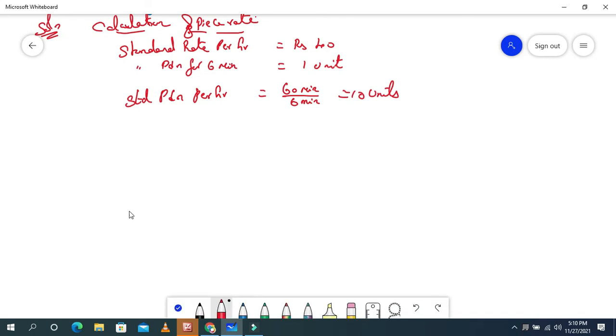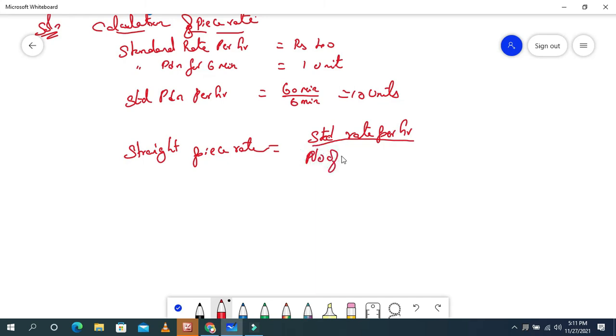Okay, now we are going to calculate the straight piece rate. Straight piece rate is equal to standard rate per hour divided by number of units produced per hour.